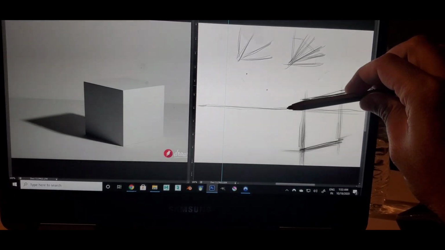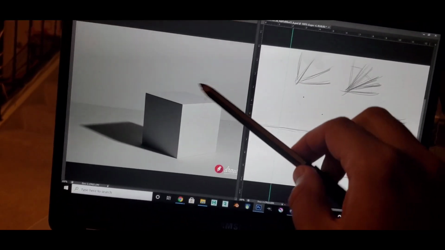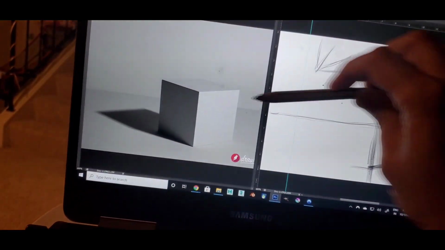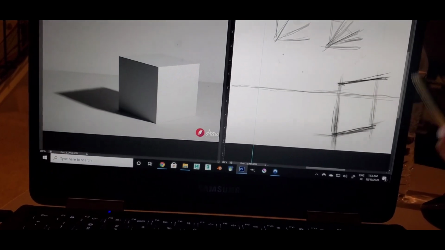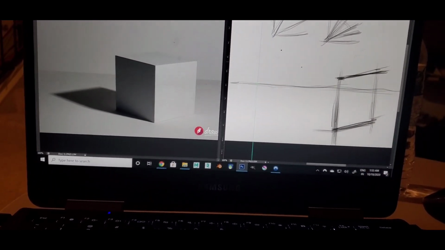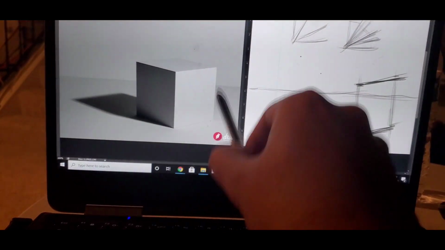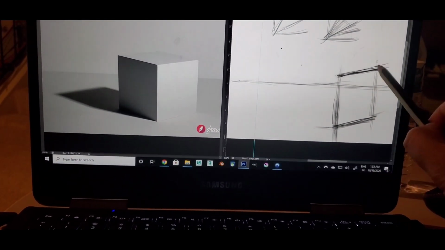You see this? So even without analyzing this way, I got this angle right because I used the knowledge of perspective. So now I have got this plane fairly accurate here.